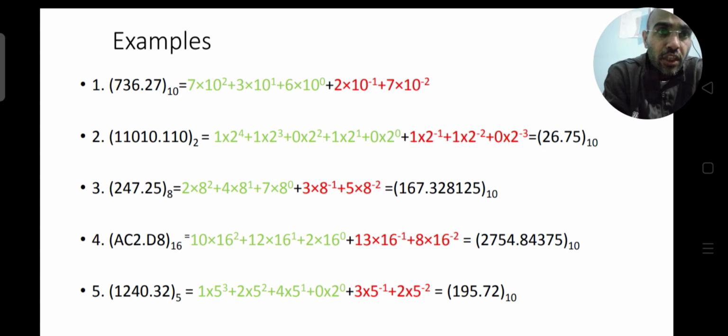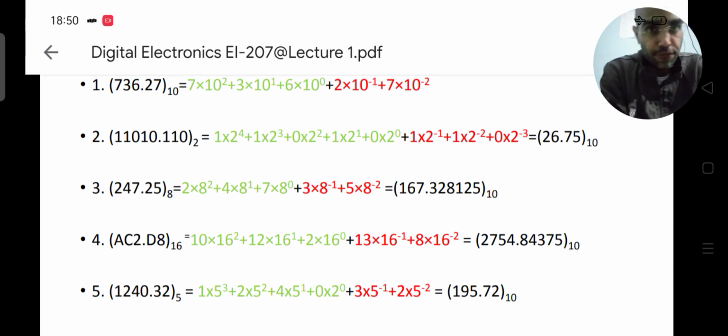And if we calculate all of them and sum them up, then we get the number as 26.75.